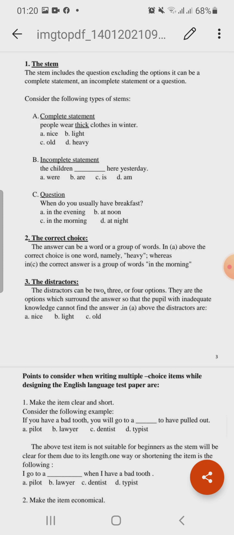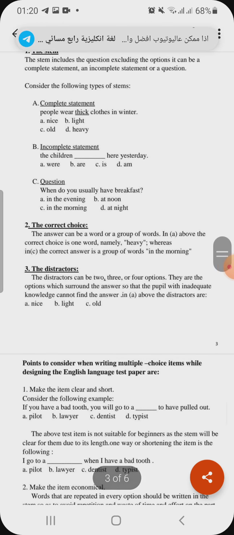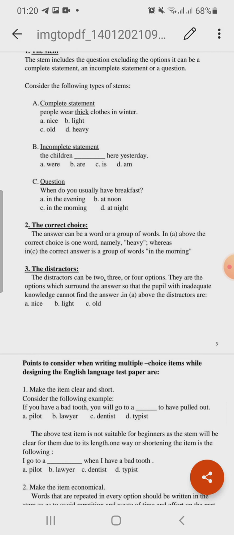The children here yesterday. A is the answer: were here yesterday. C: question، قد يكون سؤال. When do you usually have breakfast? In the evening, at noon, in the morning and at night.